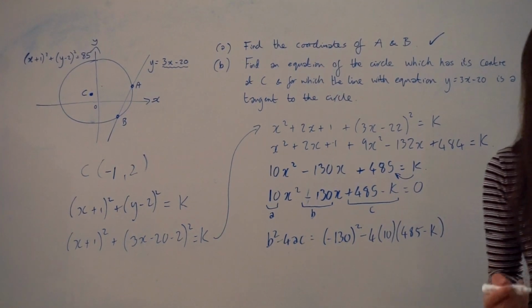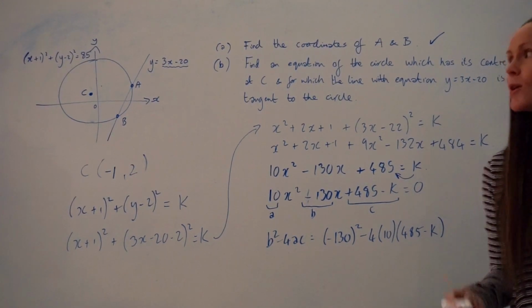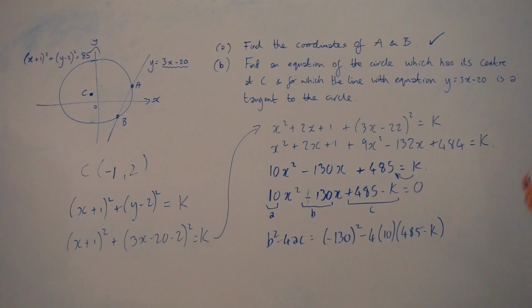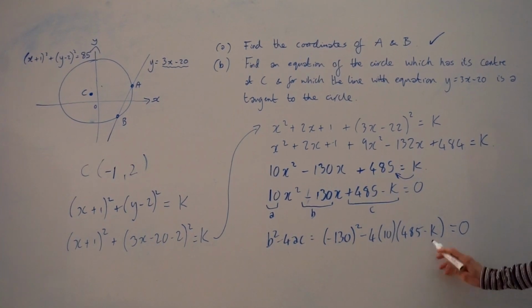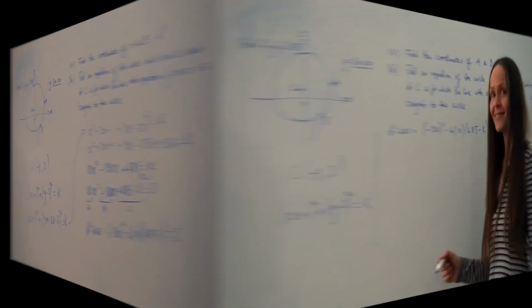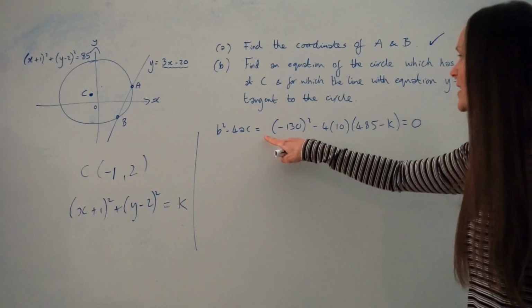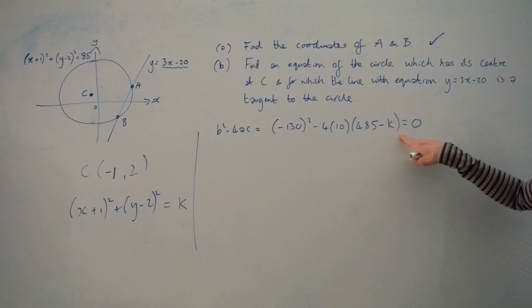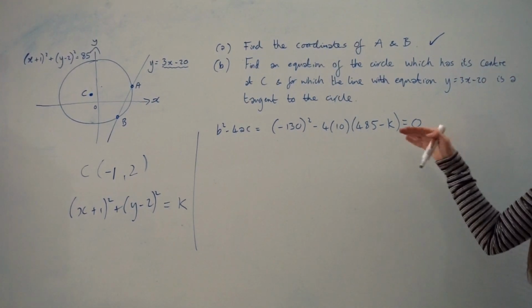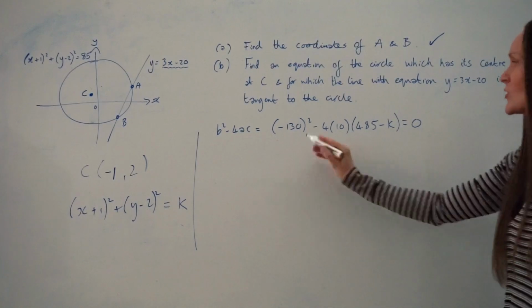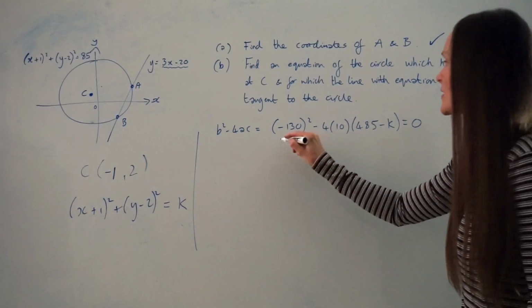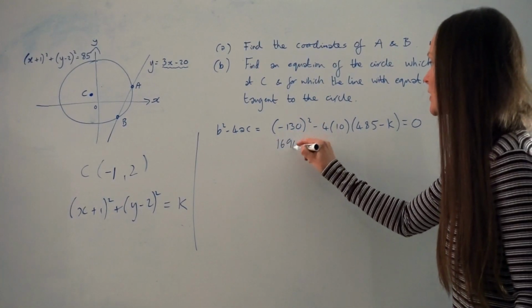And remember, I said the discriminant has to equal 0 because the straight line is a tangent to the circle. So all of this has to equal 0. Now we're trying to solve this equation to find the value of k. So all I'm doing from here is expanding all the brackets of the discriminant, simplifying, and then solving this equation to find k. So if I square negative 130, I get 16,900.